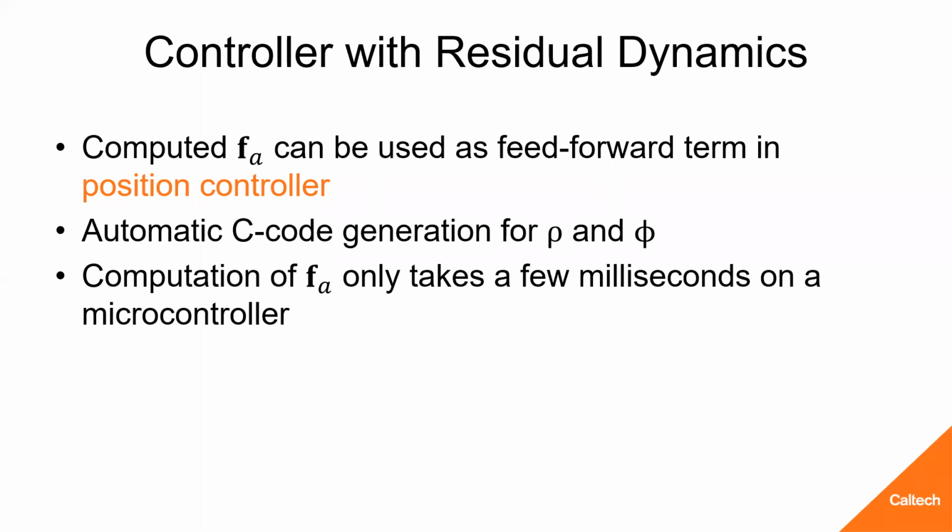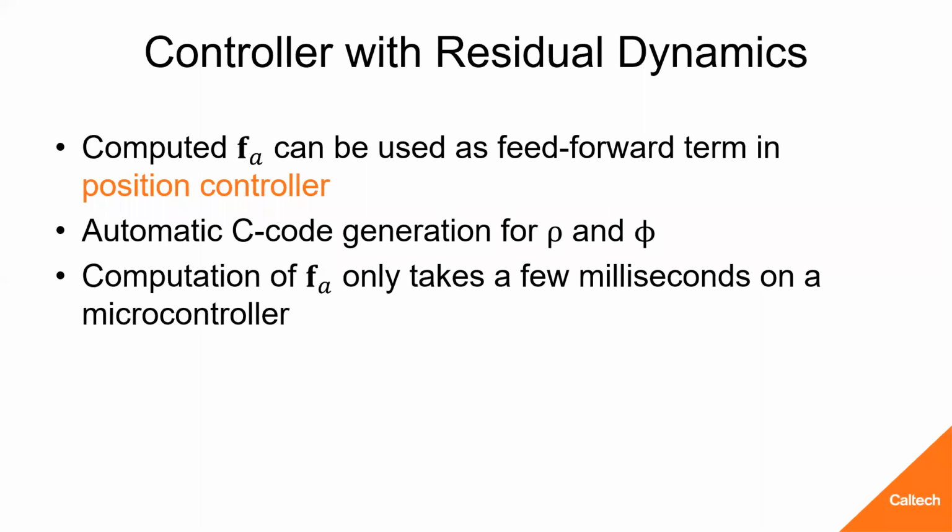Once you have, let's assume we can predict it somehow, and I will show you how the prediction looks in a little bit. Once you predict it, you can add this additional FA term as a feed-forward term into your position controller. And similar to before, because it's a deep set, it's very efficient.